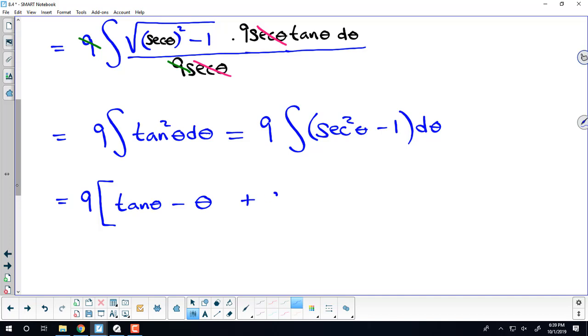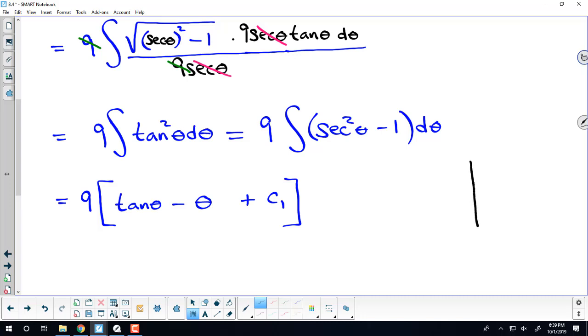And then, if you want to keep track of constants, we get a constant of integration that will be multiplied by the 9, which will give us another constant. Okay, so there's our antiderivative, tangent theta minus theta, all times 9.